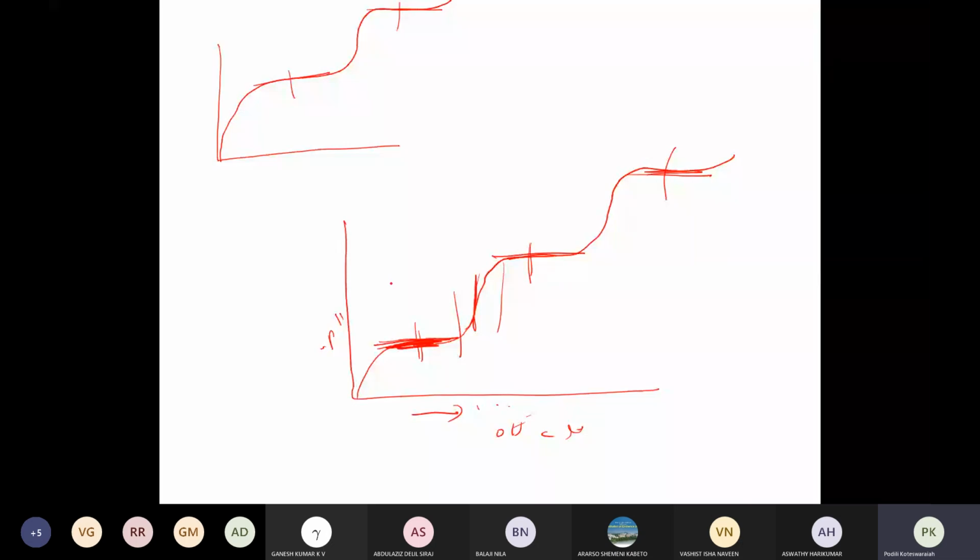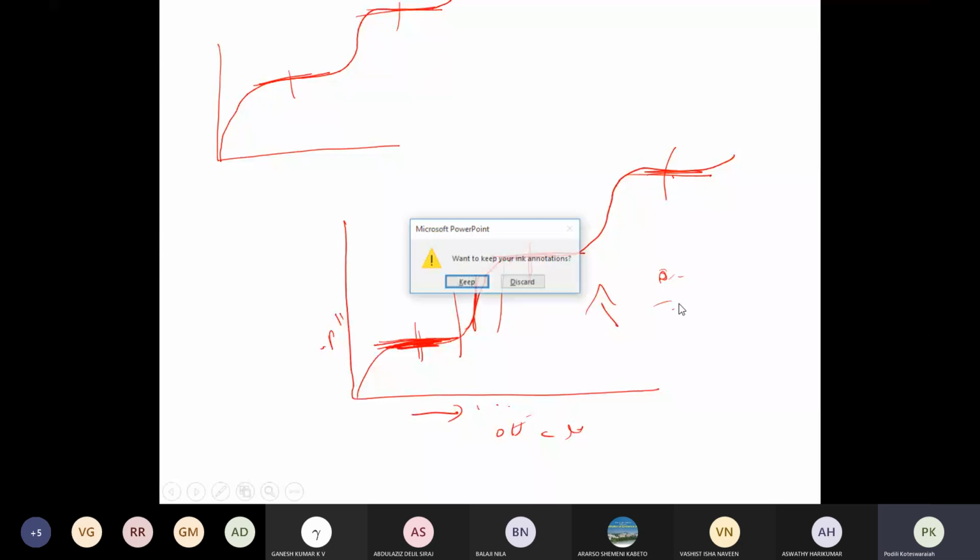That means if the amino acid has three ionizable groups, you would see three flat regions in the titration curve. If the amino acid has only two ionizable groups, you would see only two flat regions. By looking at the shape of the titration curve, we can understand how many ionizable groups are present in a given molecule.